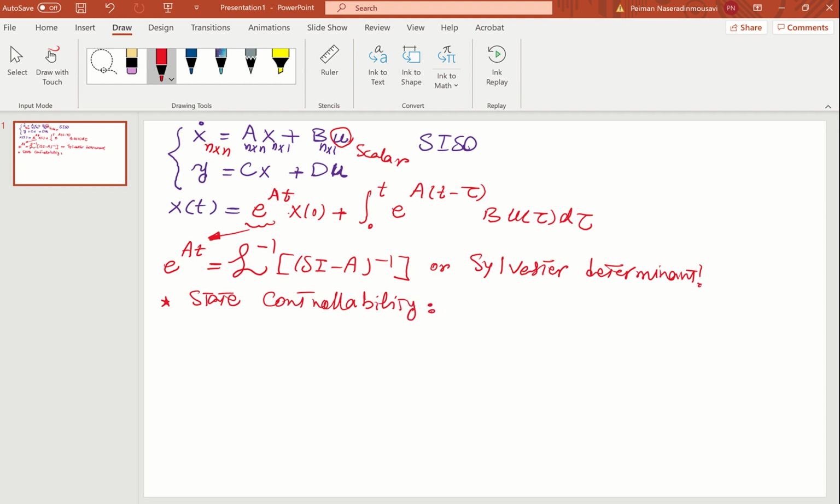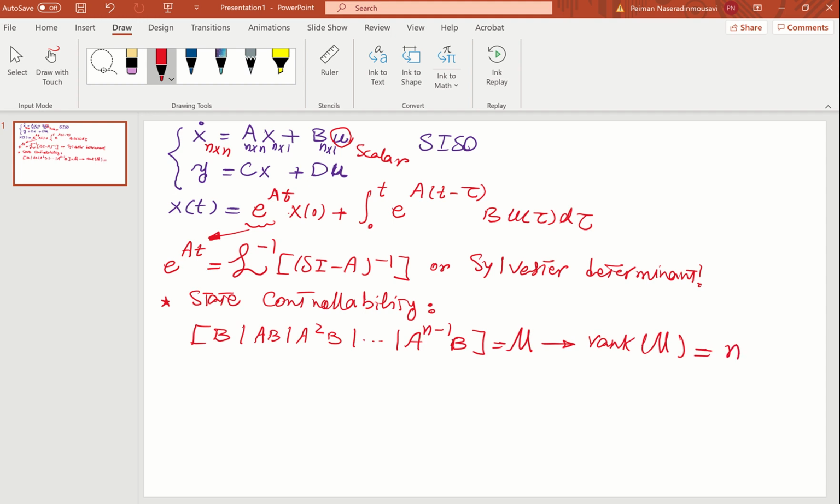I said that if you want to check complete state controllability, you have to check this controllability matrix, which is B, AB, A squared B, until A to the power of n minus 1 times B, and I name it M. If the rank of this M is n, or, because in this course the majority of them are square A matrices, if the determinant of M is not 0, meaning non-singular, then your system is completely state controllable.